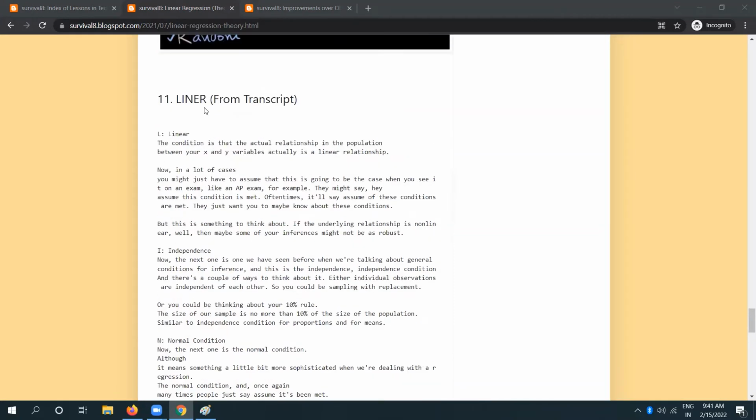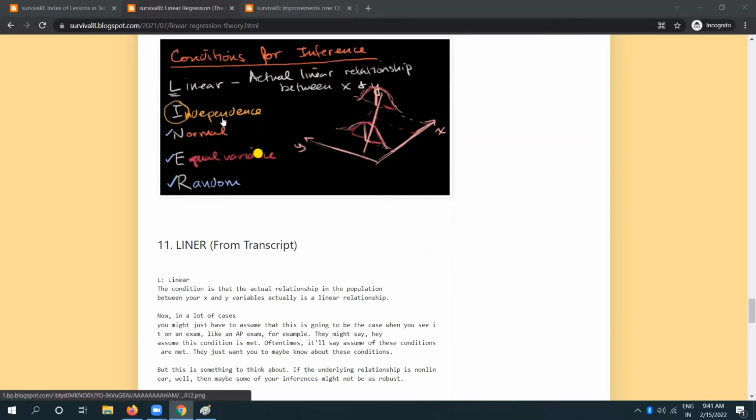So L is linear. This is an abbreviation, a mnemonic for remembering the conditions for inference for linear regression. It's LINER.